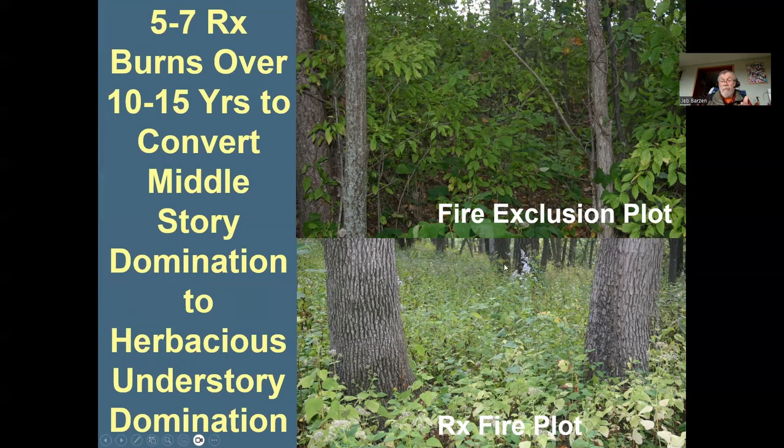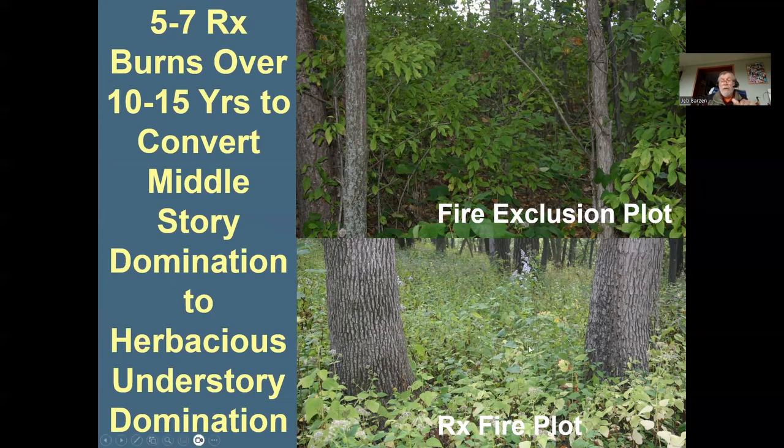But in a forest where fire has been repeatedly used, we've virtually eliminated that middle shrub story. The trees still survive, and we've increased the overall coverage of forbs in the understory, in the herbaceous layer. And the diversity is okay.